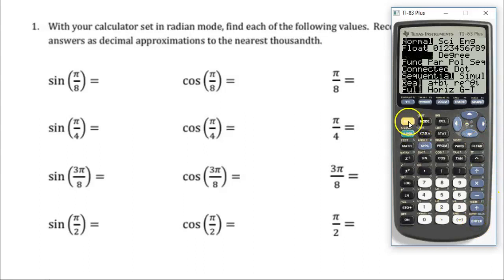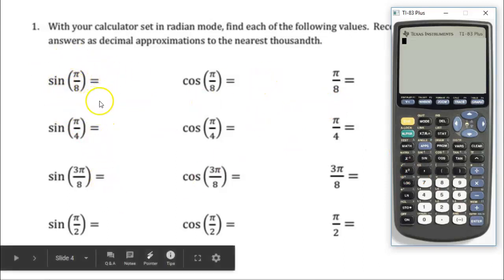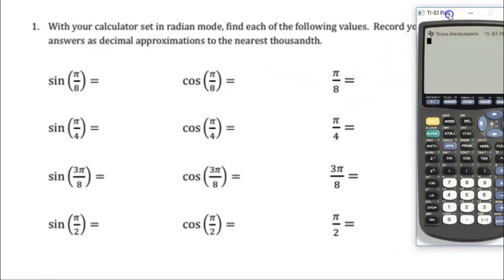So we want to make sure that our calculator is on radian mode, and we want to find some of these calculations. What is the sine of pi over 8? What is the cosine of pi over 8? What does pi over 8 itself equal? And we want to look for some patterns that go along with our picture on the page before.